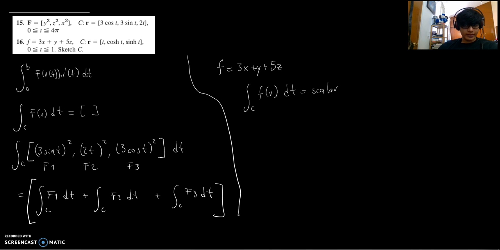So it's easy to understand that this kind of integral can be evaluated at this, where x is equal to t, y is equal to hyperbolic cosine of t, and z is 5 times the hyperbolic sine of t, dt.